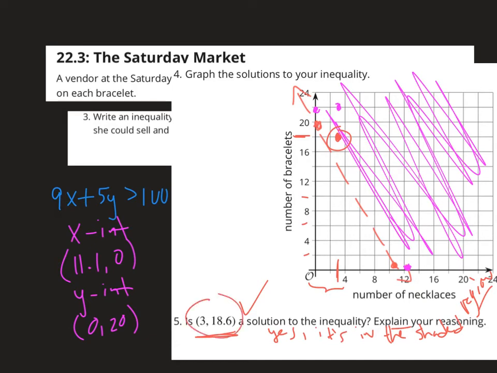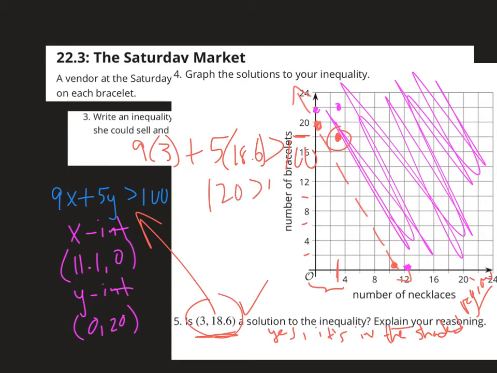Or, yes, if you substitute it in here, that 9 times 3 plus 5 times 18.6 is greater than 100. Let's check that out mathematically. When you do the math, 9 times 3 is 27, plus 5 times 18.6 gives us $120, which is more than 100. But we already knew that because it was in the shaded region. So the two are verifying each other.